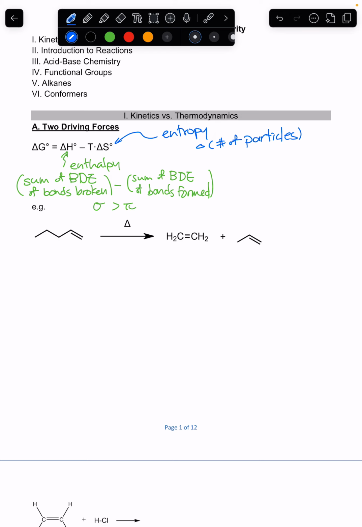If the molecule breaks up into many particles, that's a higher entropy, more disordered state. So that's usually preferred. That's why things tend to break down, sadly, not become more highly ordered.